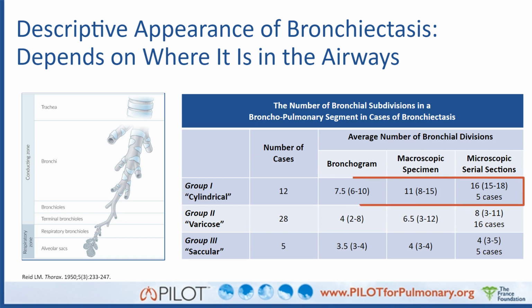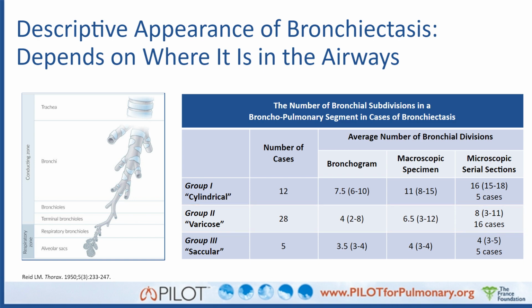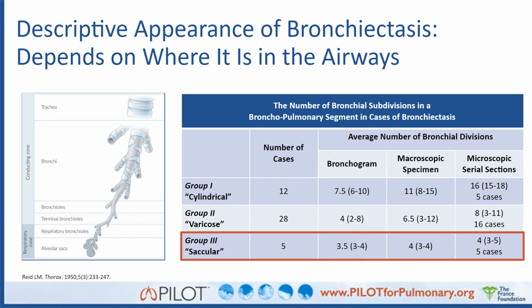She explained that in cylindrical bronchiectasis, you had 16 branches, like they show in the microscopic sections, but some of the branches were occluded with mucus, so macroscopically, you couldn't see all the branches. In varicose bronchiectasis, she explained that there is now fibrosis of those mucoid impaction branches, and so there are fewer branches on microscopic imaging. And this is further truncated as you go down to cystic or saccular bronchiectasis, where there are far fewer branches.